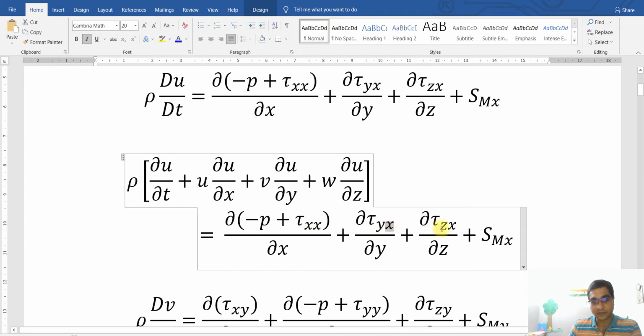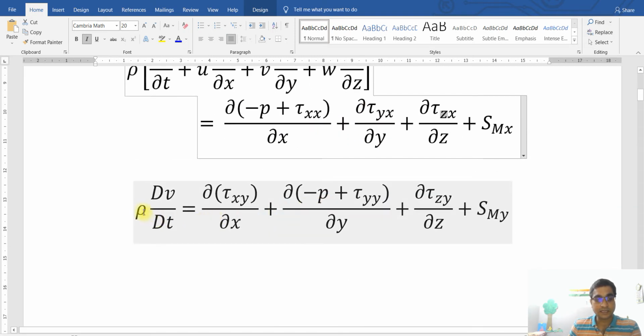The direction is this, and x, y and z are actually planes. The x plane means the plane perpendicular to the x-axis, then the plane perpendicular to the y-axis, and the plane perpendicular to the z-axis. So you can imagine a plane where the stresses are acting. So this is the x direction momentum balance equation.